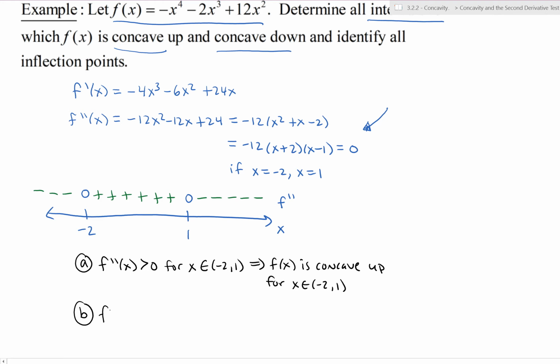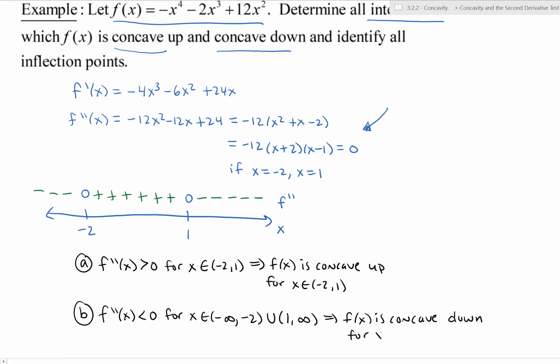Moreover, the second derivative of this function is negative for values of x from negative infinity up to negative 2, and it's also negative for values of x from 1 to infinity. And therefore, a similar conclusion can be made, that the function itself is concave down, in this case, for values of x in this interval, negative infinity to negative 2, union 1 to infinity.